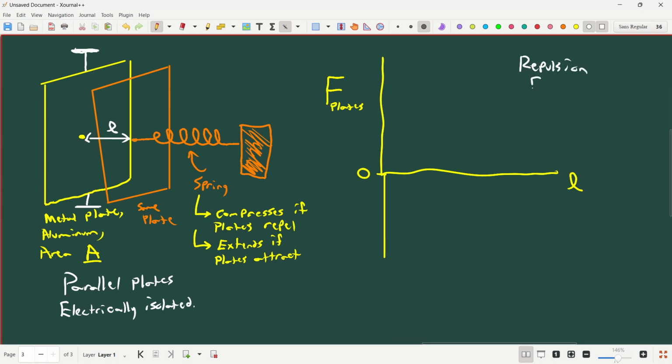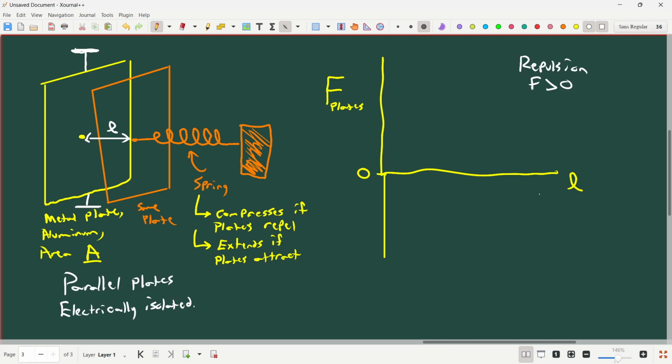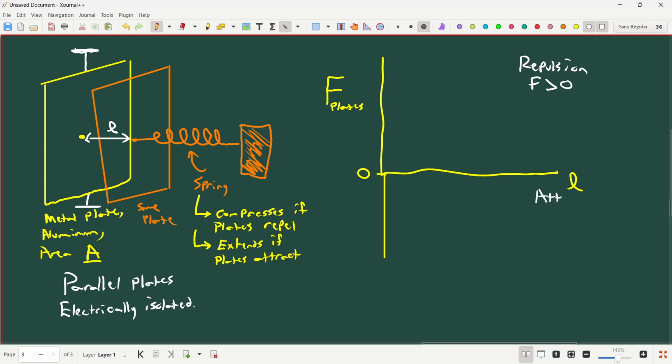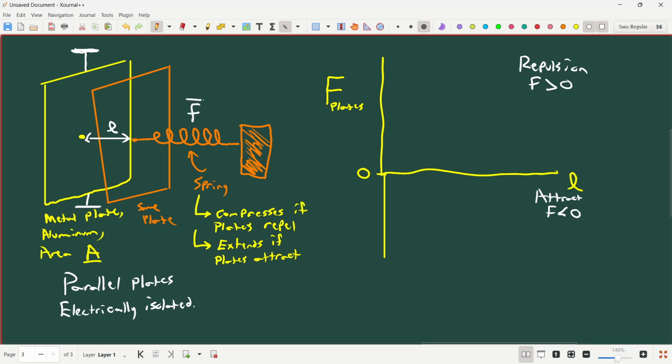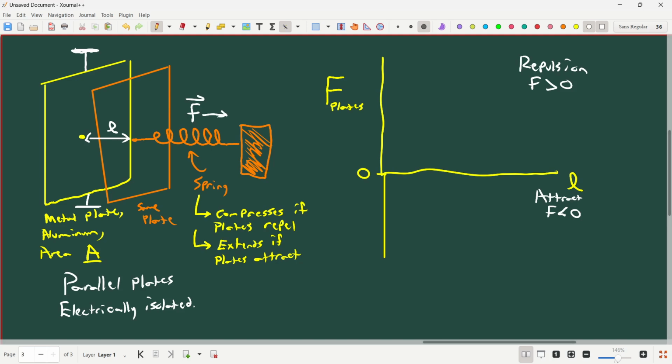The plates repel each other. And if the force is negative, that means they attract each other. So you can think of the force being acted on in this direction. We're measuring this way. So the force is in this direction. Okay, so they bring these two plates together and they try to get them as close as possible.